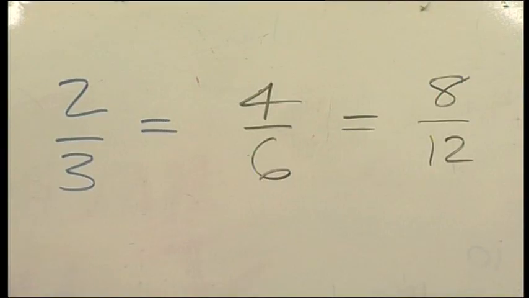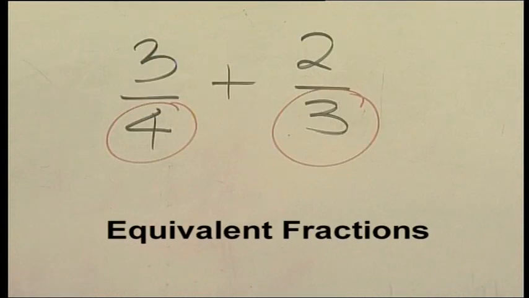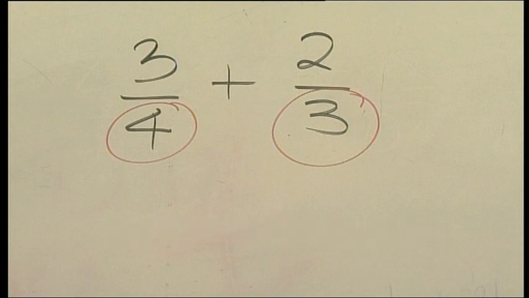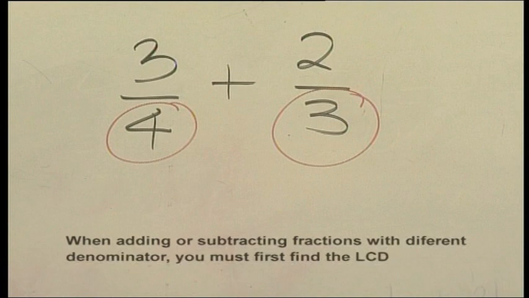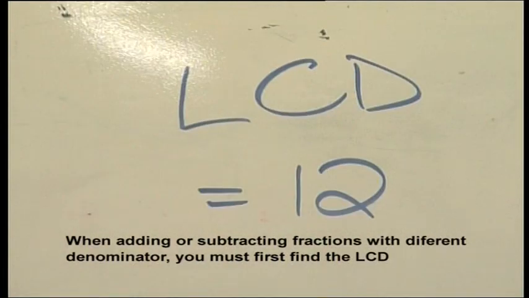Now you have seen how you can use equivalent fractions to make it easier for you when you are adding and subtracting fractions. Again, please remember, when you are trying to add two different fractions, meaning that you have two different denominators, first you have to find the LCD and then find the equivalent fractions using the lowest common denominator.